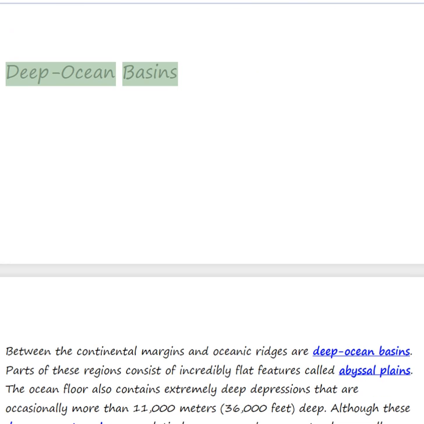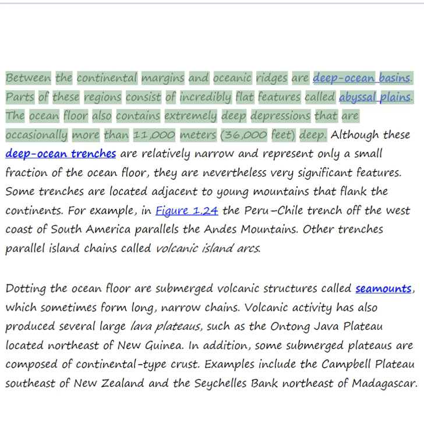Deep ocean basins. Between the continental margins and oceanic ridges are deep ocean basins. Parts of these regions consist of incredibly flat features called abyssal plains. The ocean floor also contains extremely deep depressions that are occasionally more than 11,000 meters deep.